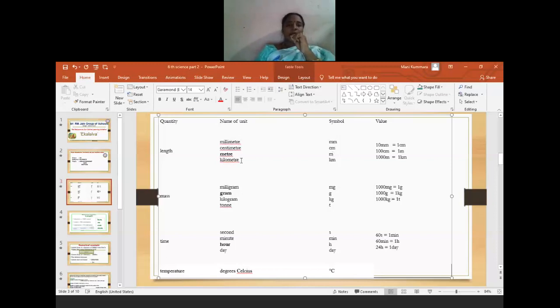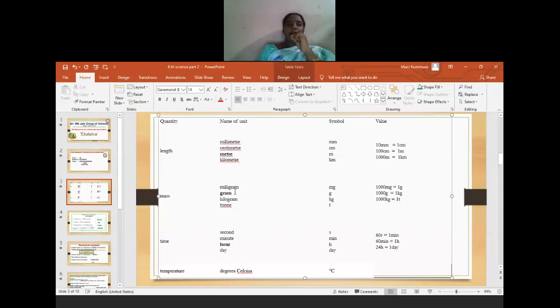And next, mass. Milligram, mg. 1000 milligram is equal to 1 gram. Gram, g. 1000 gram is equal to 1 kilogram. Kilogram, kg. 1000 kilogram is equal to 1 ton, and ton, t.